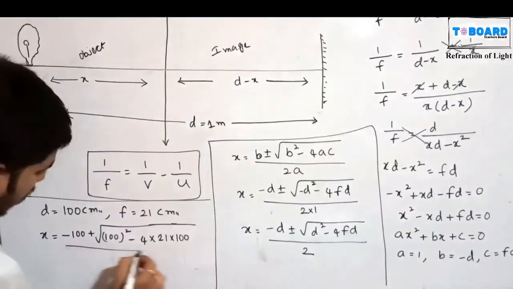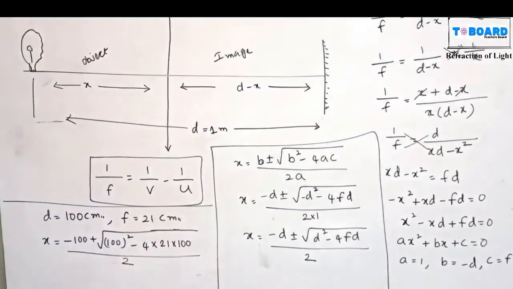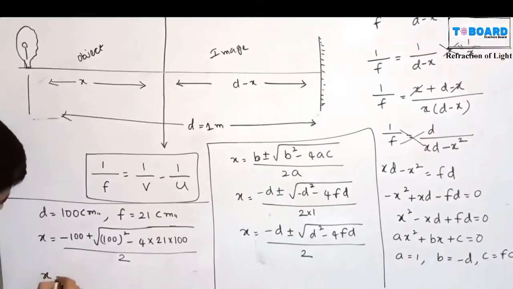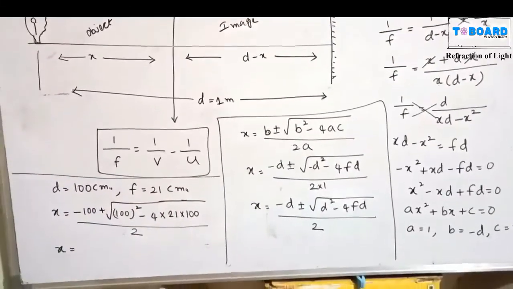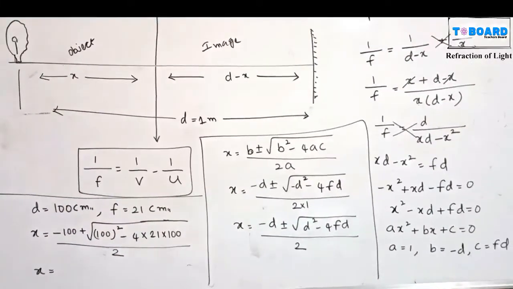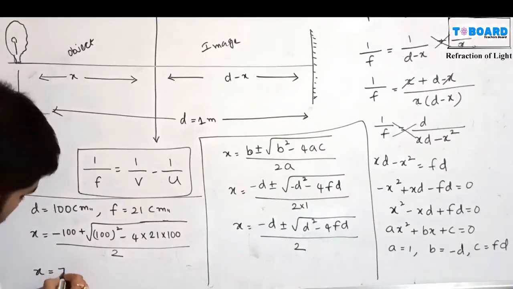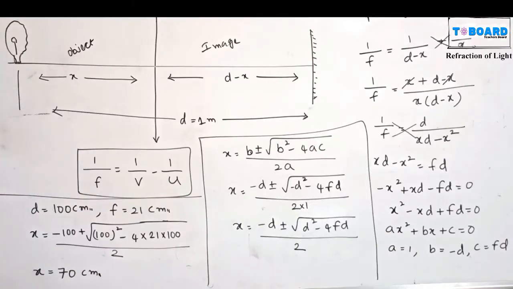Okay, so by 2. If you simplify, you will get one value. What value do we get? 70 centimeters. This is one value I am going to consider as x1.